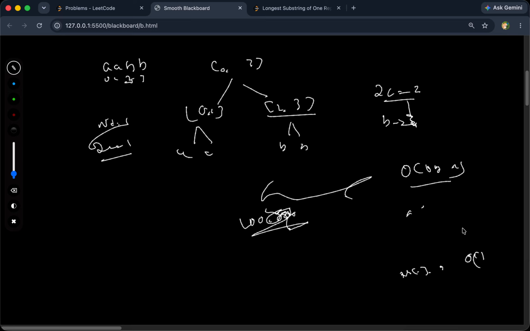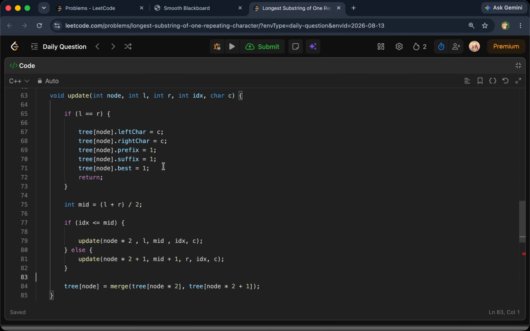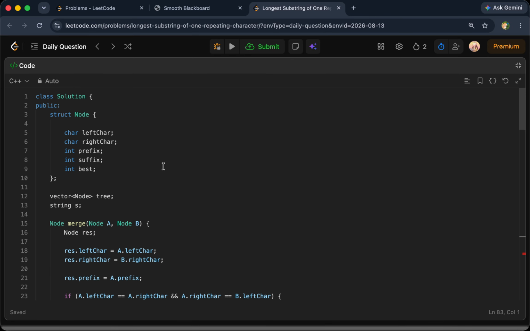So we have run each part separately: node, merge, build, update, and process every query. So let's see here. Before building a tree, we need to decide what information each tree node needs to store.